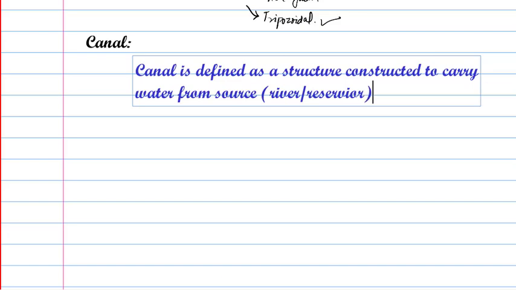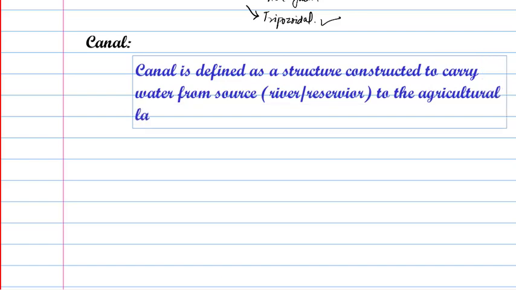So canal is defined as a structure constructed to carry water from source to the agricultural land. For what? For irrigation or any other purpose. So that structure is called canal. Got it?